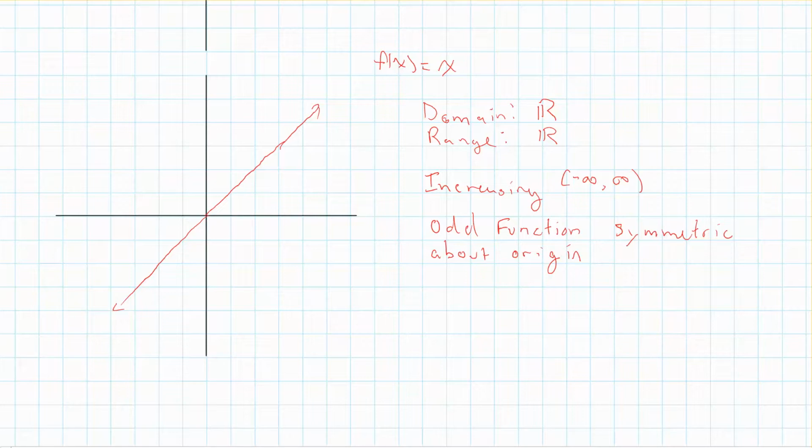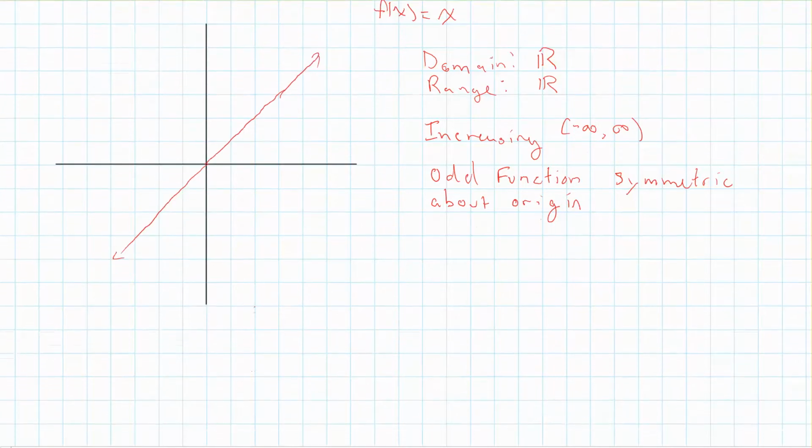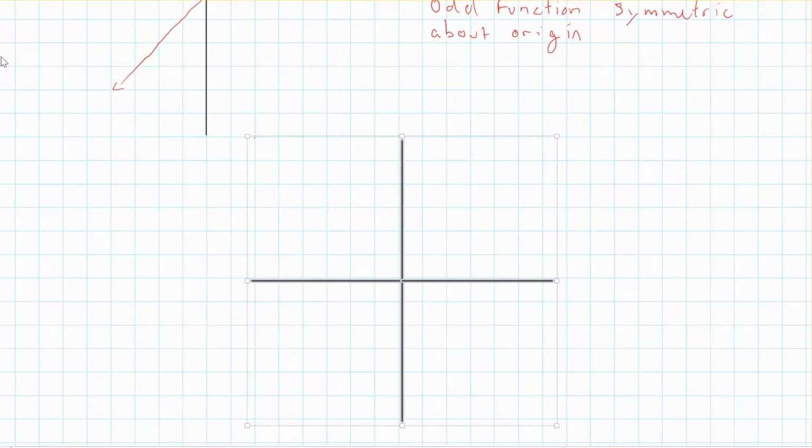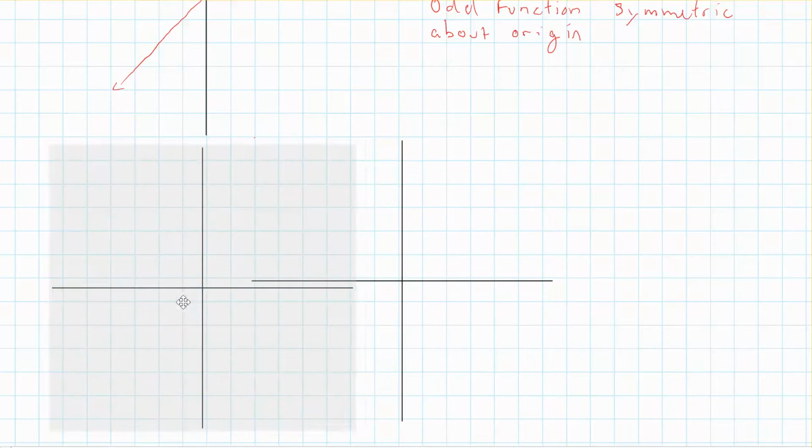And I guess we could also say that it goes through the origin, but it's pretty straightforward. Alright, so that didn't give me the thing to move. Let's try that again. There we go.